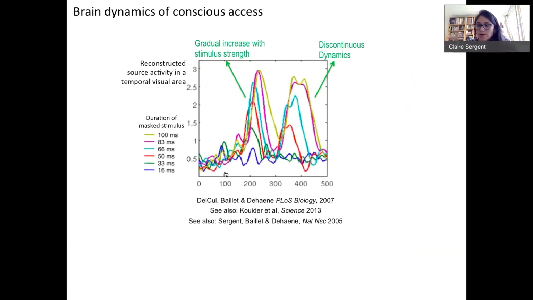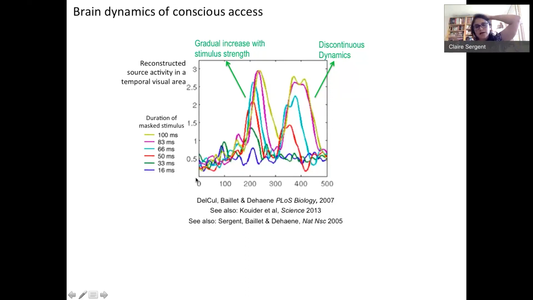And then other studies also seemed to suggest, in a different way, that these discontinuous dynamics were occurring in relation to conscious access, and that was using masking at different strengths. So the stimuli that were masked were shown at different durations. Stimuli shown for 16 milliseconds were actually completely subliminal, and around 50 milliseconds, people were around threshold.